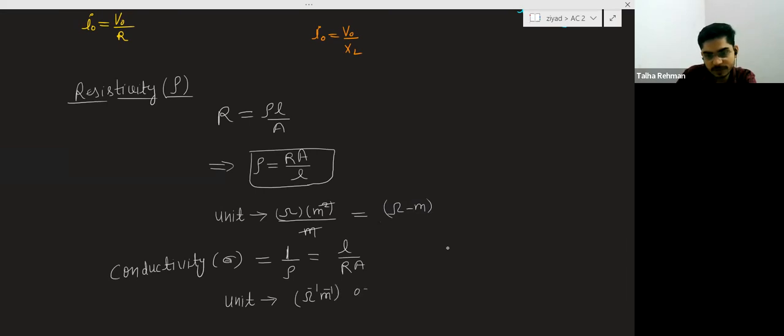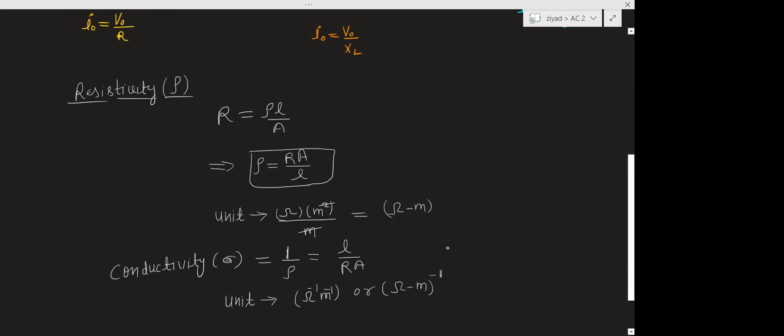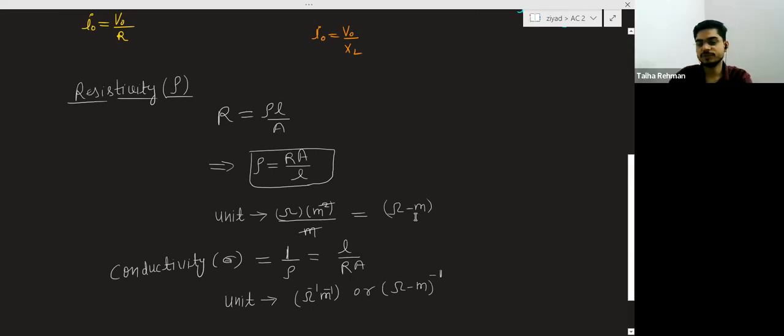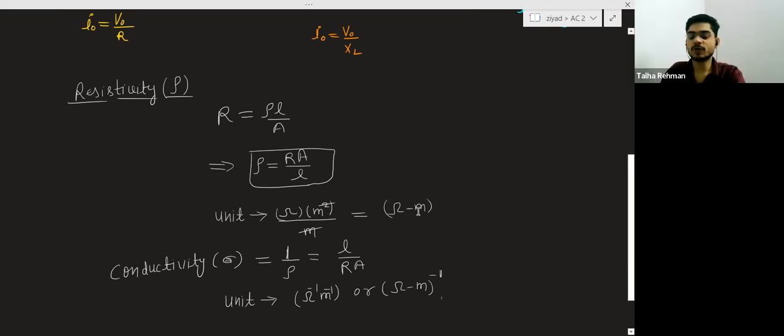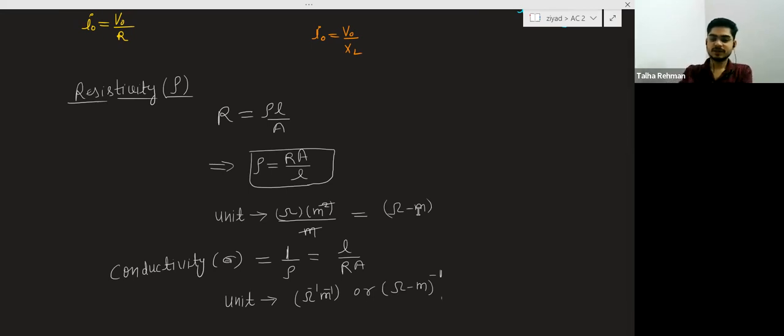You can write it like this: ohm meter inverse, the conductivity. Resistance you should know, and from the resistance you can derive the resistivity. So basically, resistivity is a property of the material.